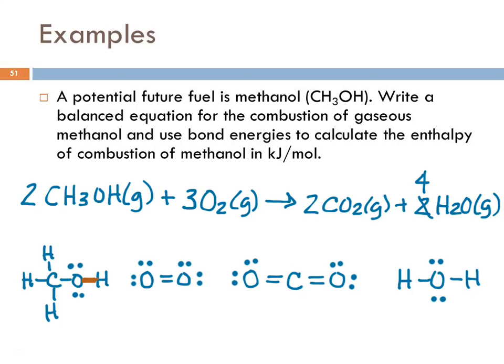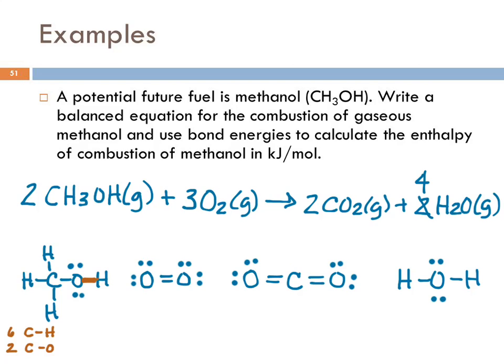So there are two of these molecules, and for each of them we've got 3 carbon-hydrogen bonds being broken, right? So I've got 3 in this molecule times 2 molecules, so I've got 6 carbon-hydrogen bonds breaking. Does that make sense? And I've got 1 carbon-oxygen bond for each molecule. There's 2 molecules. So 2 carbon-oxygen bonds are breaking.